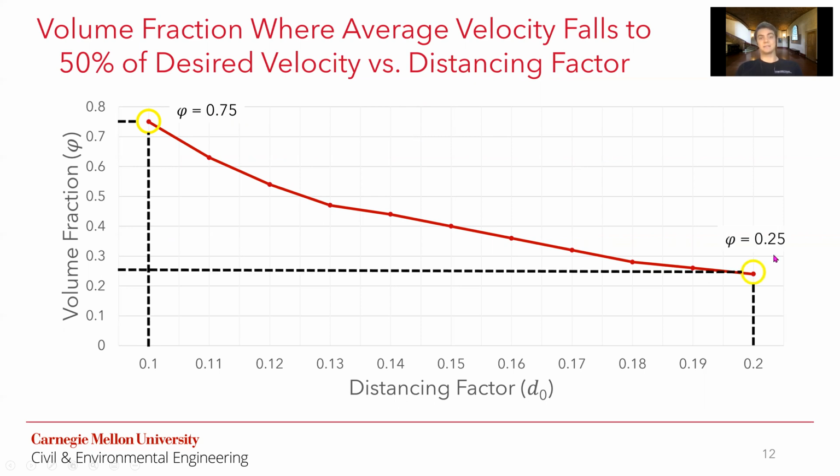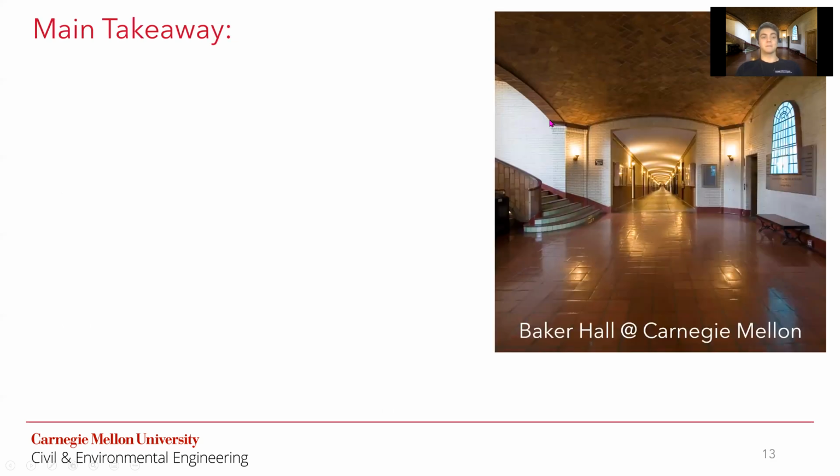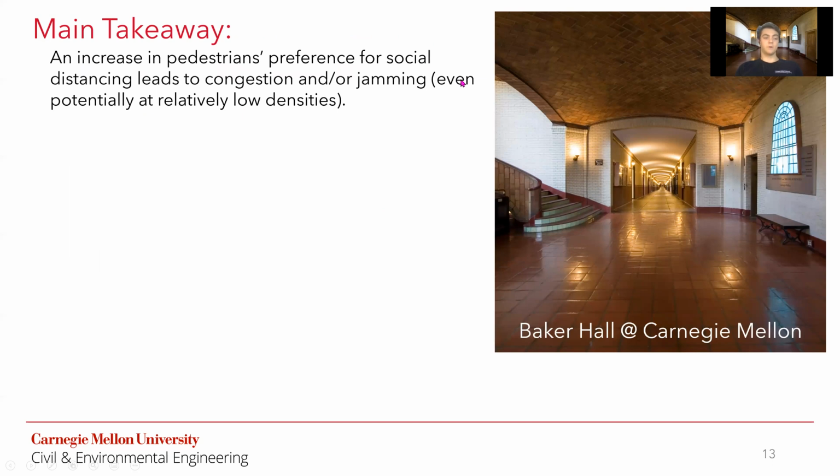Whereas at a high distancing factor, a volume fraction of only 0.25 will cause pedestrians' velocity to fall below 50% of their desired velocity. And that's pretty crazy. So with that, the main takeaway is that an increase in pedestrians' preference for social distancing leads to congestion, even at potentially relatively low densities, as we just saw.